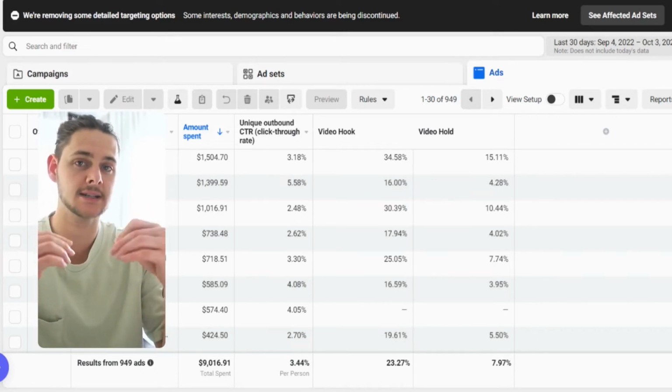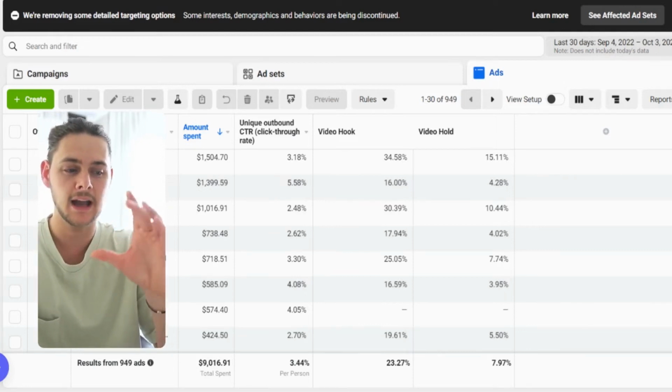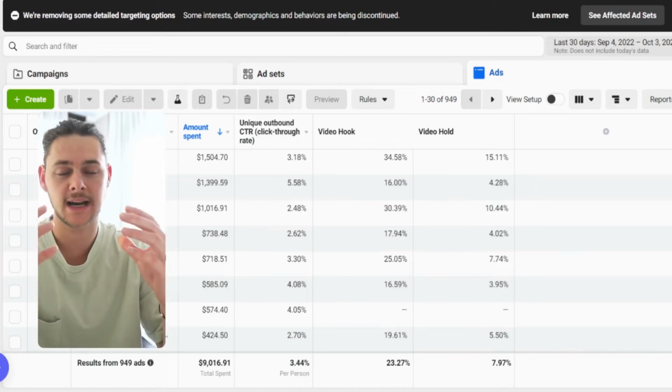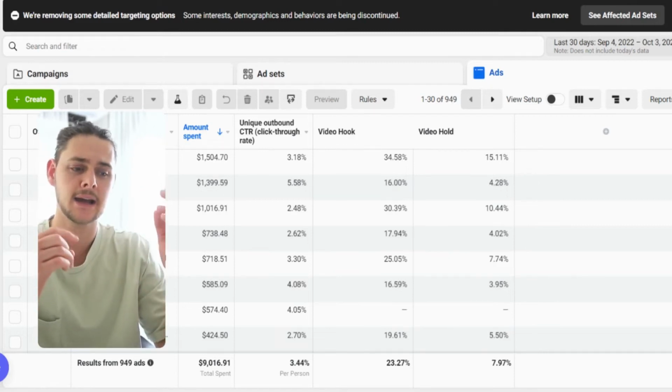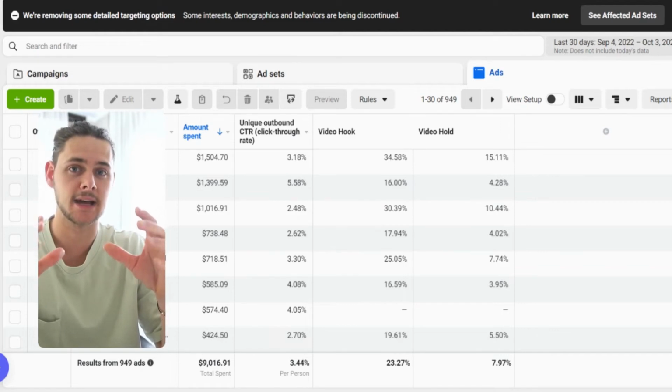So the ad that has the most budget towards it is normally the one that we would just keep on no matter what, even if the ROAS is low. And that's kind of the only exception between the ROAS and the amount spent. So if your amount spent on an ad is high, it normally means that Facebook is telling you this is going to be the easiest ad to scale.